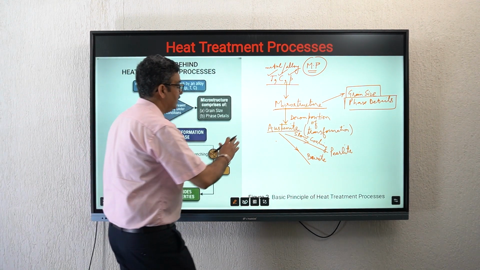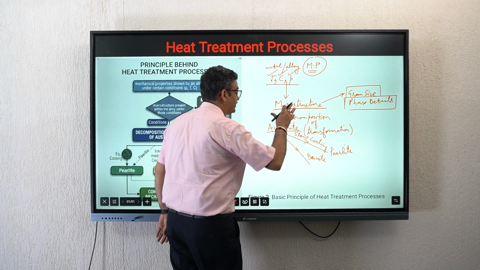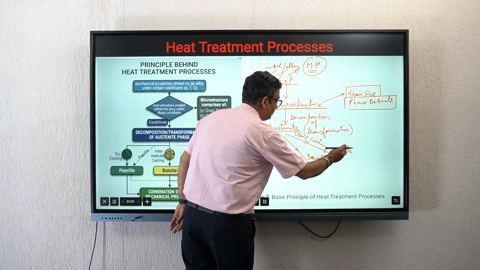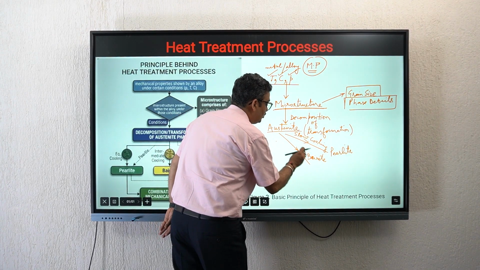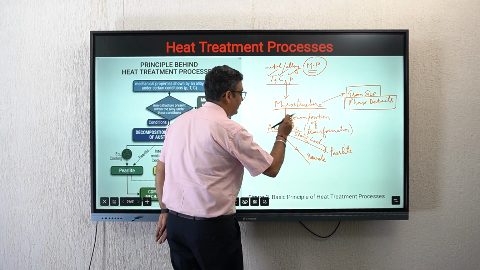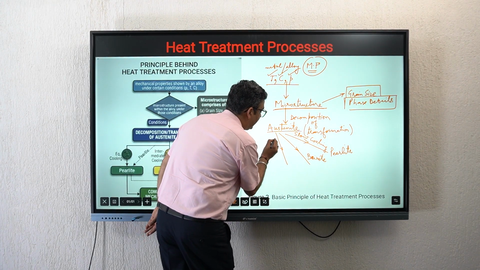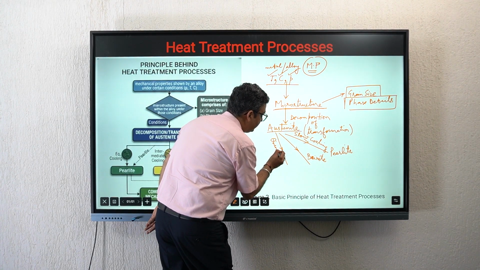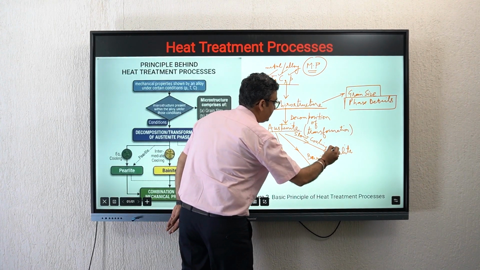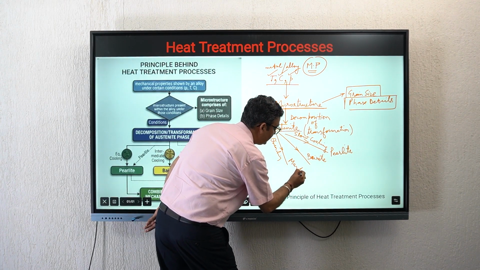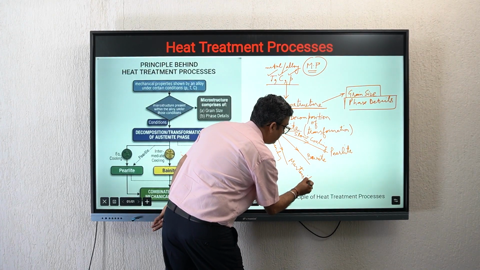And if your steel was at high temperature, it was containing austenite, you didn't do slow cooling so that austenite could have decomposed into pearlite, you didn't even do slightly faster cooling so that austenite could have changed into bainite, rather you preferred doing a very, very fast cooling which is called quenching. Austenite will neither change to pearlite nor to bainite, but it will change to a very, very hard phase called martensite.